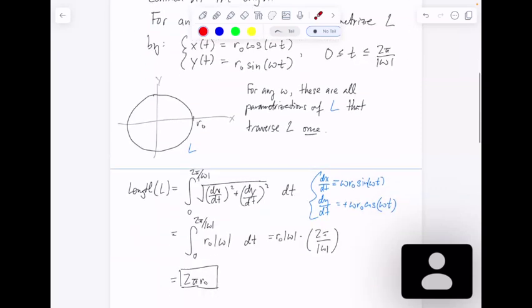But it turns out that the way the bounds change, roughly speaking, is exactly the inverse of the way your speed changes. If you trust me, or if you go through the calculations yourself, you can see there's always this analogous cancellation happening. Therefore the specific parameters of your parameterization never show up in your final calculation of length. All right, so there you go. That's an example of how this formula works.